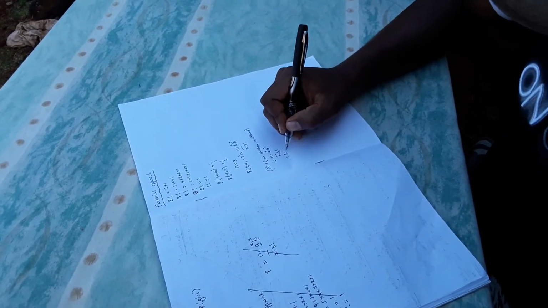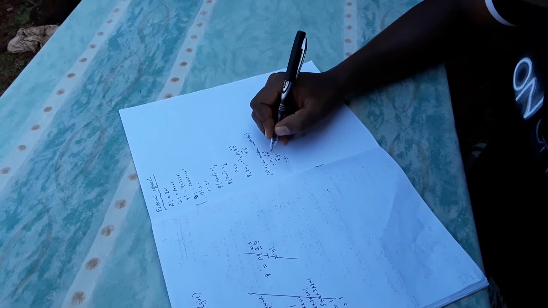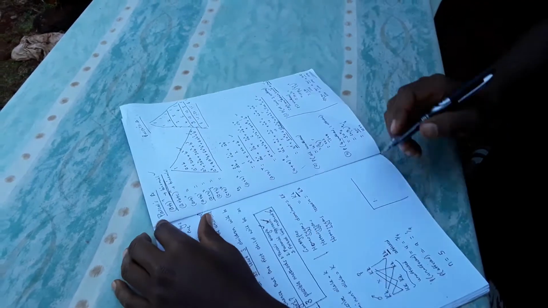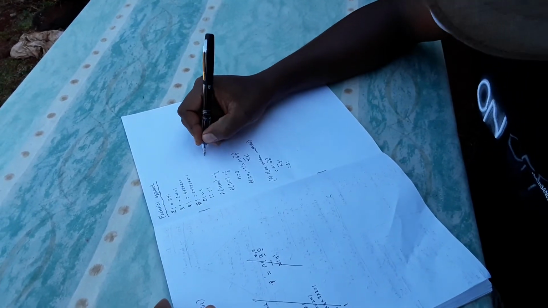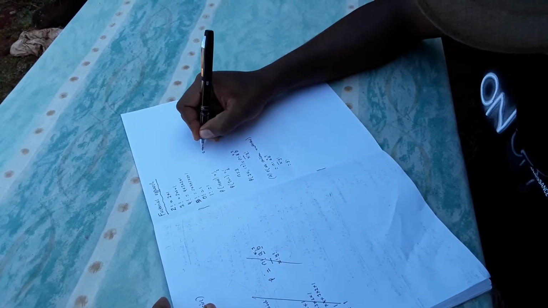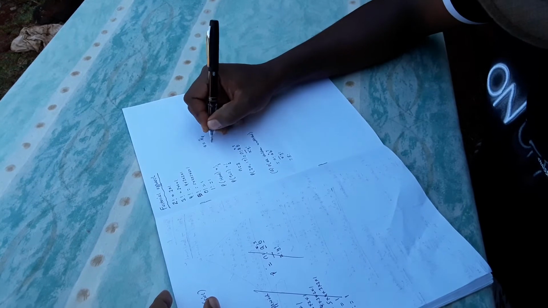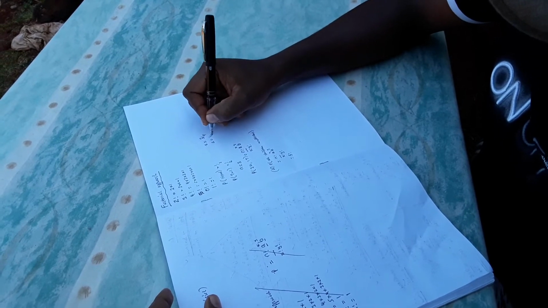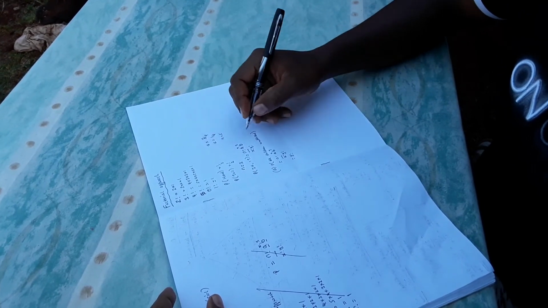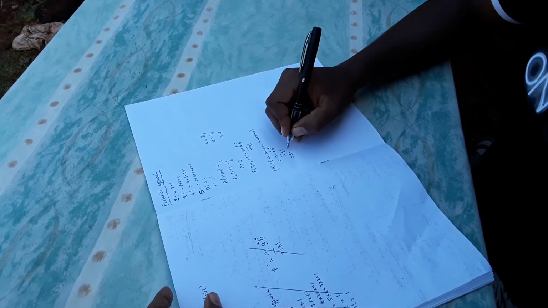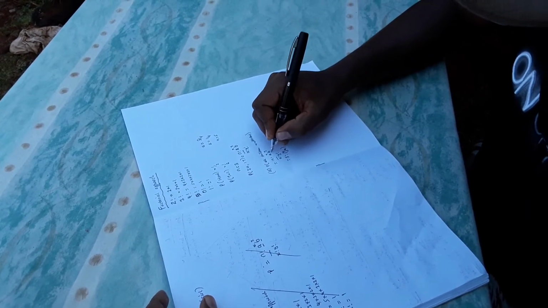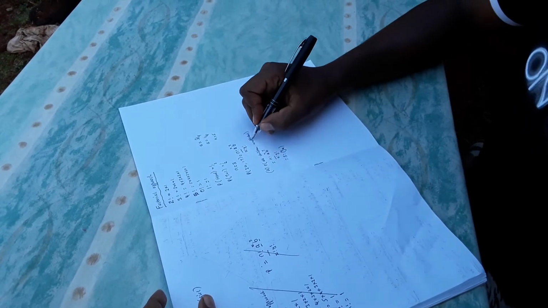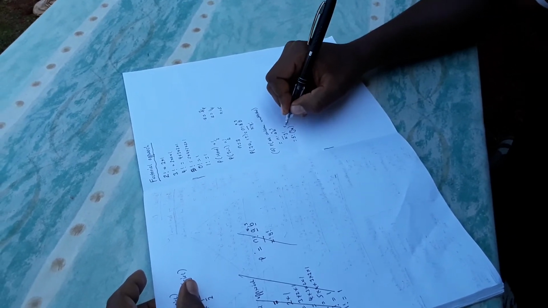5 factorial, and we are using our probabilities here, u and a: u is 3 out of 4, a is 1 out of 4, n is equal to 5. So 5 factorial, 3 out of 4 to the power of 5, since all children being unaffected is 5.